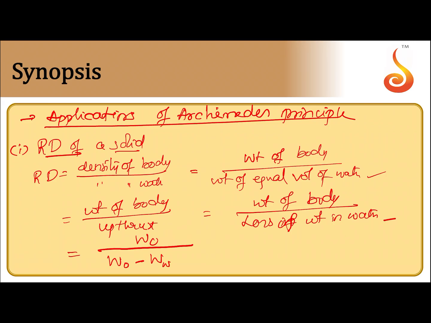Loss of weight in water is nothing but its actual weight minus its weight measured in water. So relative density can be calculated simply by measuring its weight first in air, then finding its weight in liquid and taking the ratio. So the relative density of the solid can be calculated like this.